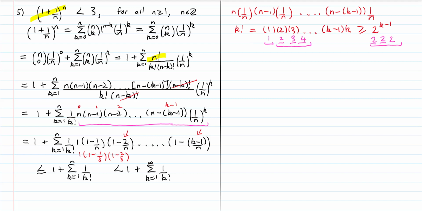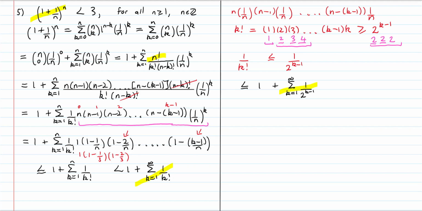So that is useful because what we know then is if we have 1 over k factorial, that's going to be less than or equal to 1 over 2 to the power of k minus 1. So if we look at this term here, we can say that is less than or equal to 1 plus the sum from k equals 1 to infinity of 1 over 2 to the power of k minus 1.